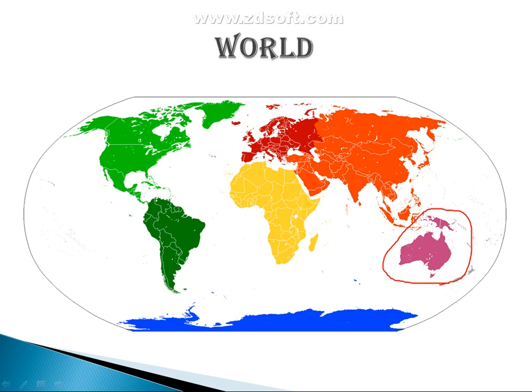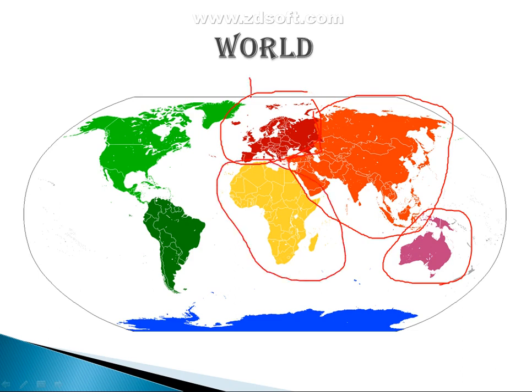The biggest continent over here is Asia, which you can see in orange. It has about 43,820,000 square kilometers of area. And the red one over here is Europe, yellow one Africa, light green one North America, which exactly has the United States in it.